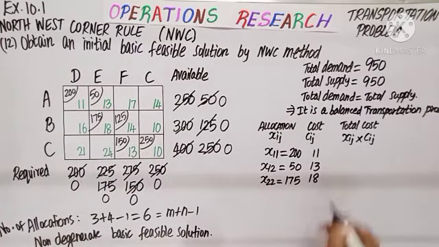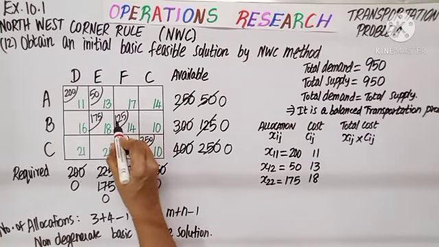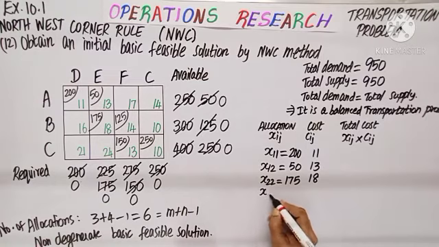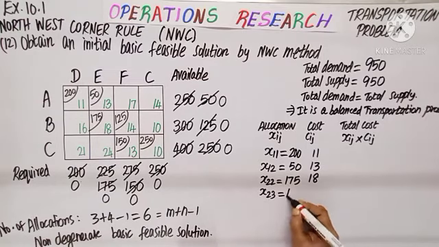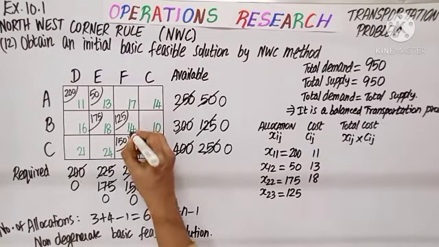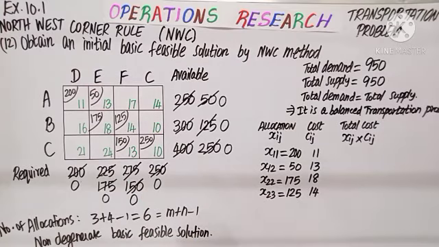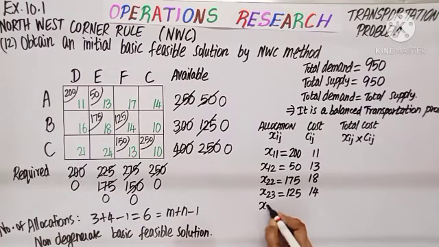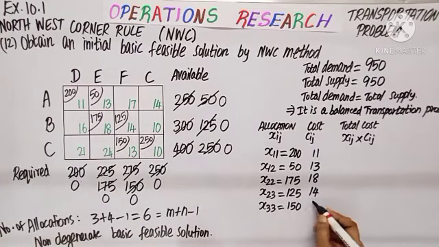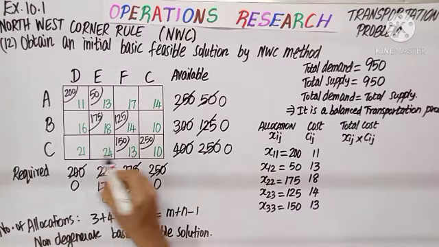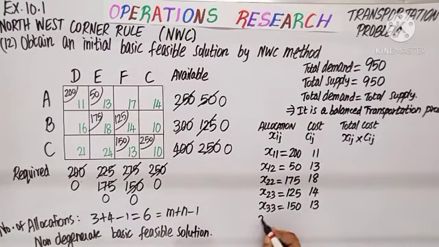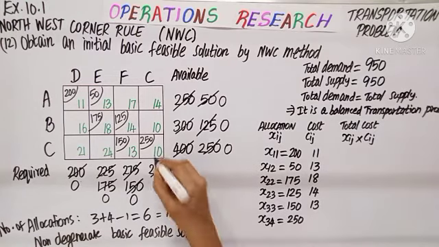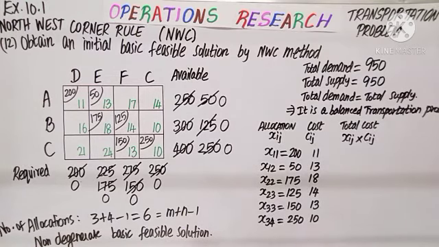Cost is 18. Second row, third column, x23 is 125. Cost is 14. Third row, third column, x33 is 150. Cost is 13. Third row, fourth column, x34 is 250. Cost is 10.